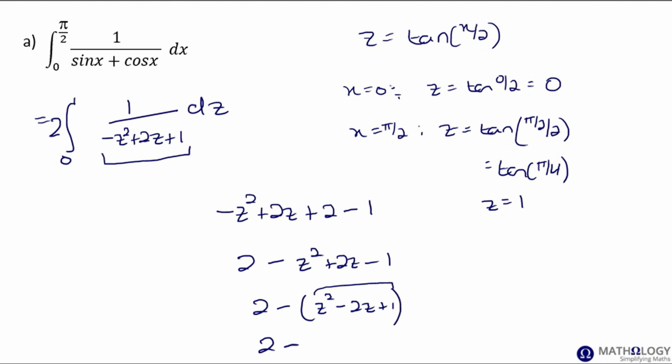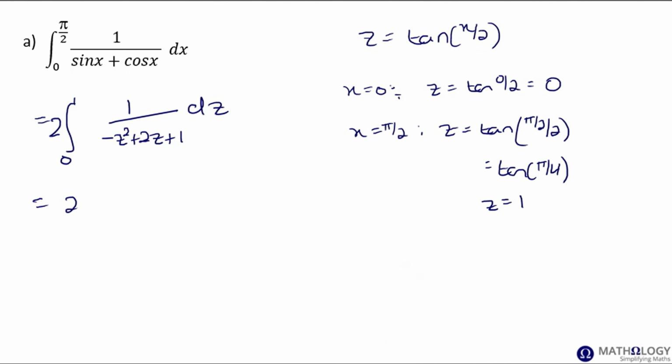And we can now factorize this because z squared minus 2z plus 1 is z minus 1 squared. And this is a form that we can use now because we have a squared term here. So this equals 2 times the integral from 0 to 1 of 1 over 2 minus z minus 1 squared dz.